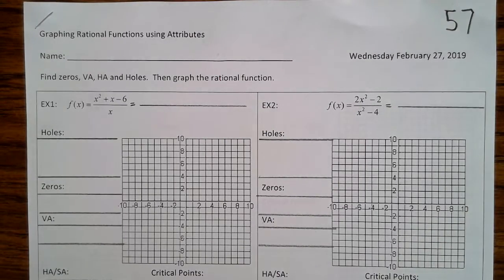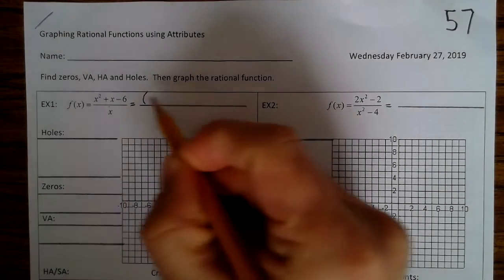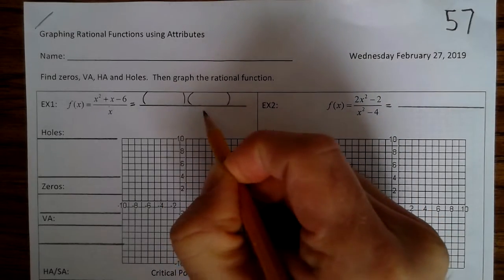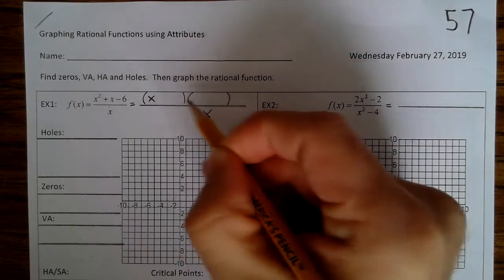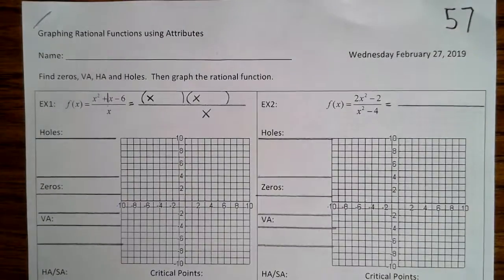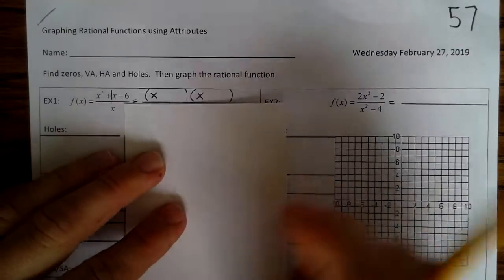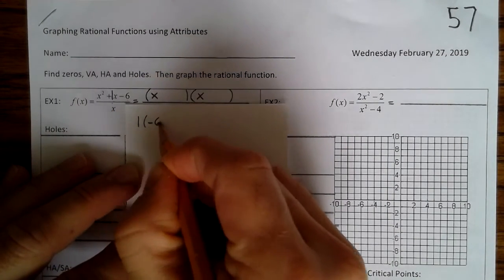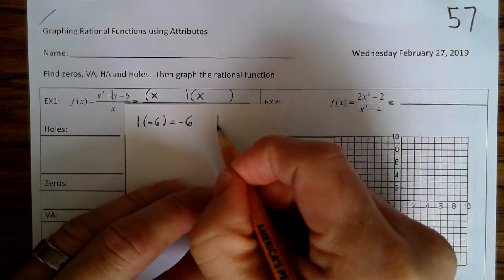All right, so the first thing we do is we need to factor the numerator. Okay, so parentheses, divided by x. There's nothing to factor with that. We know x and x makes x squared. I'm going to put a 1 in front of there. Now to factor, we need to find all the combinations that multiply to make -6 and combine to be 1. So 1 times -6 is -6. 1 minus 6 is -5.